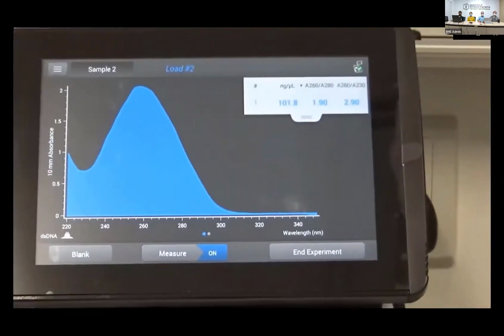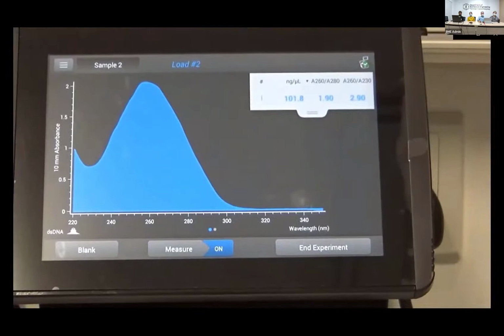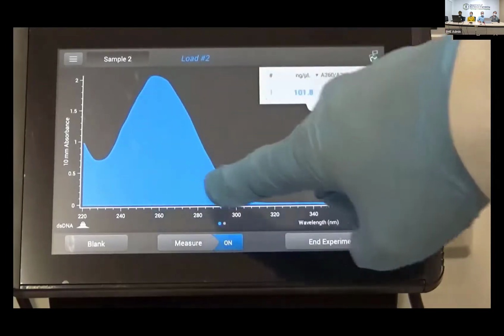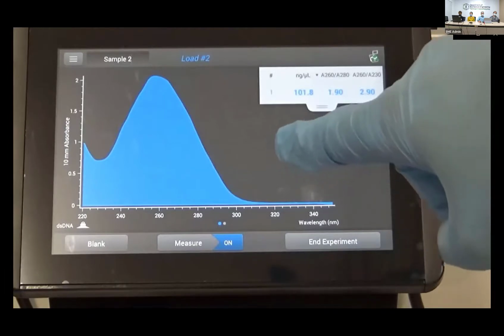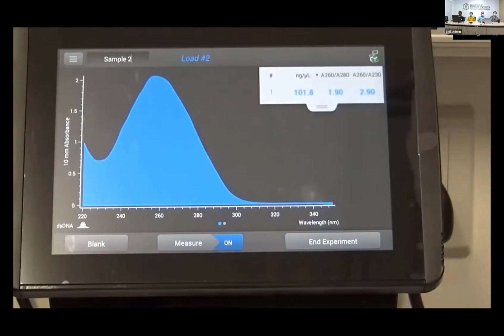Here you can see the result. It will show you a spectrum of light absorption of your sample. On the top right corner, you will see the measured concentration of your DNA and some other values. Check your spectrum and see if it is the typical absorbance spectrum of a DNA sample.